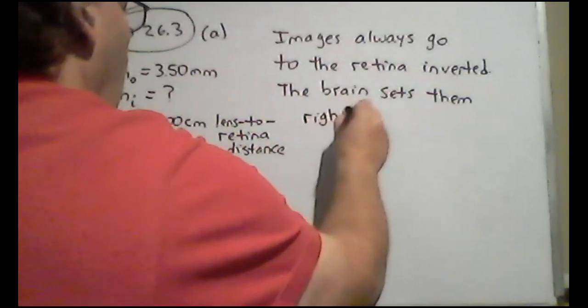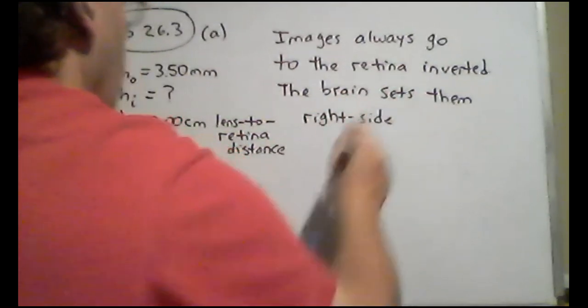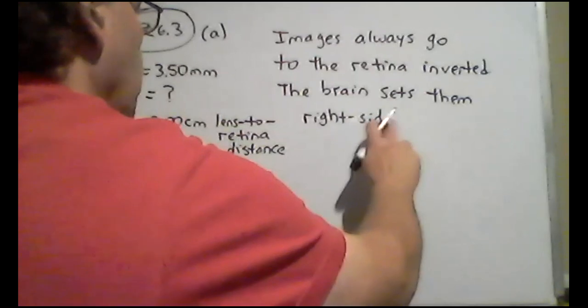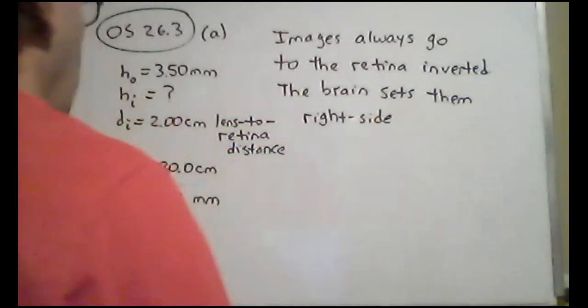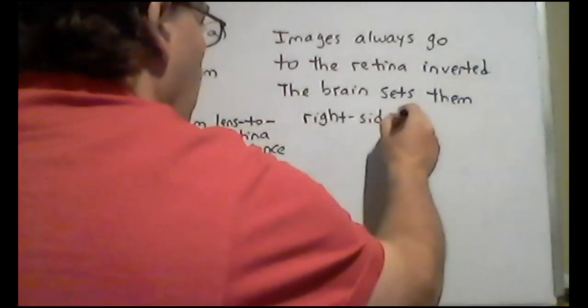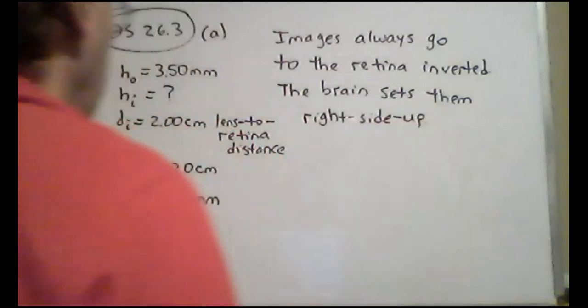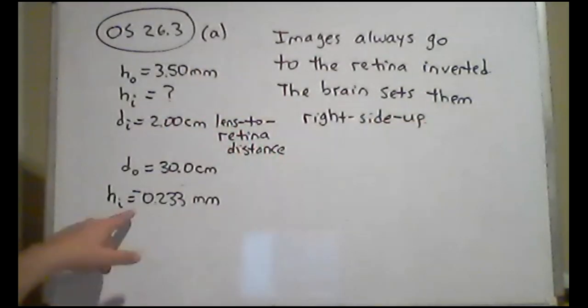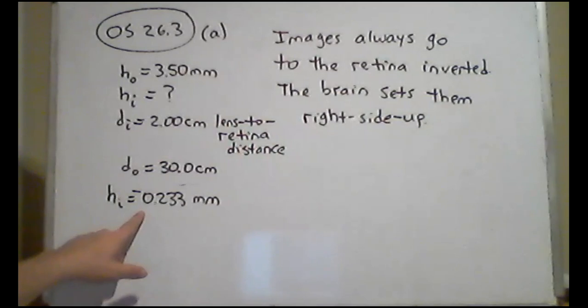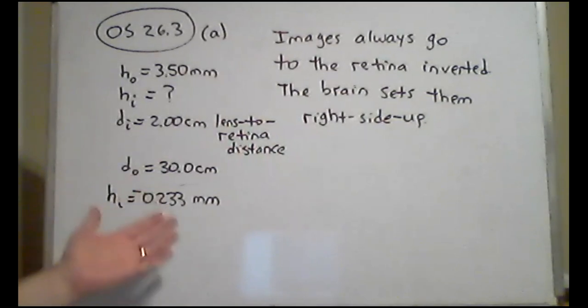So your brain is always setting the images. Every single thing that comes to your eye is actually upside down. Okay, so that's why this H sub I is negative, because it's going to come to the eye negative. It's going to go to the retina upside down. Images go to the retina upside down.